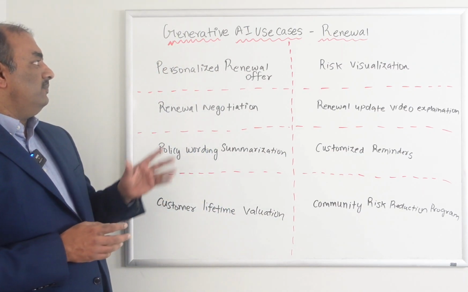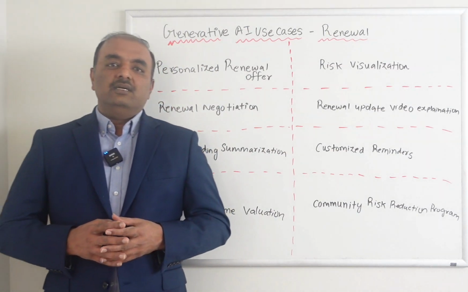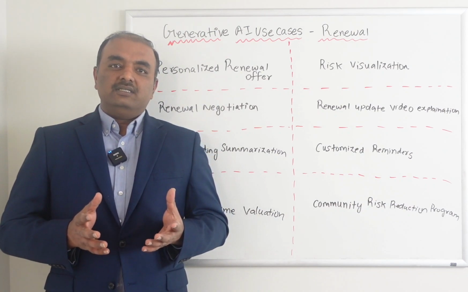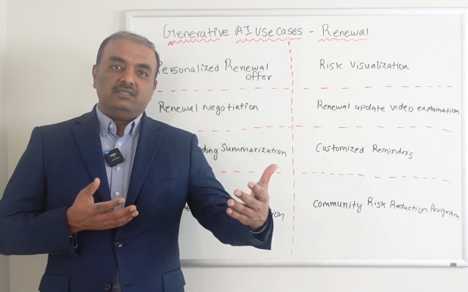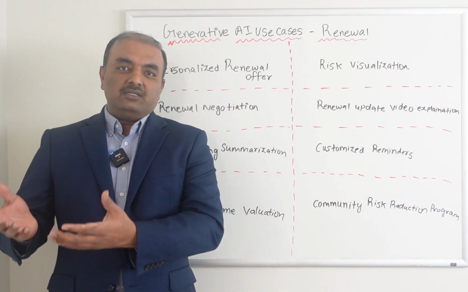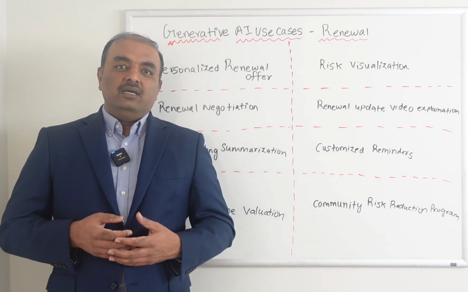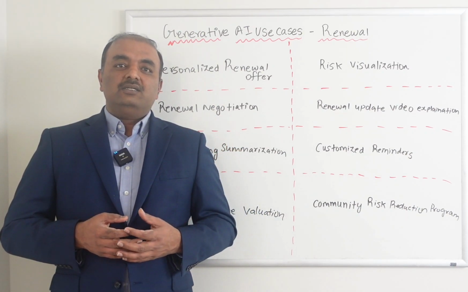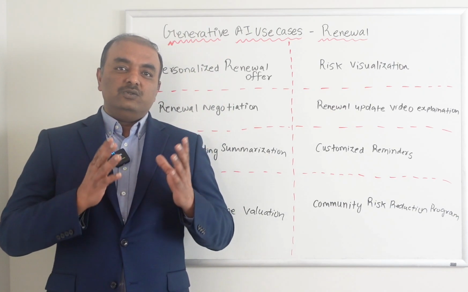The first one is personalized renewal offer, right? Instead of sending a static message, hey, this is your current policy, and if you renew the policy with us, this is your premium, with AI, you can send it to customers based on their individual data.